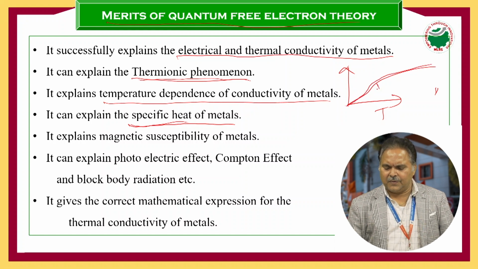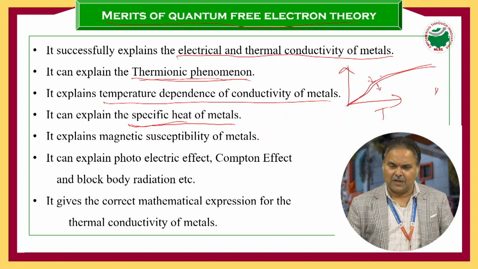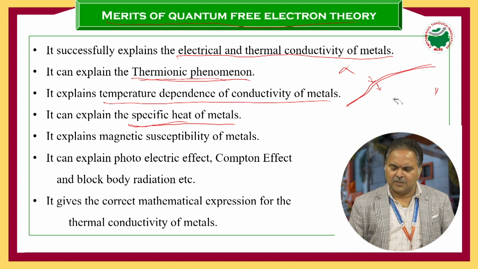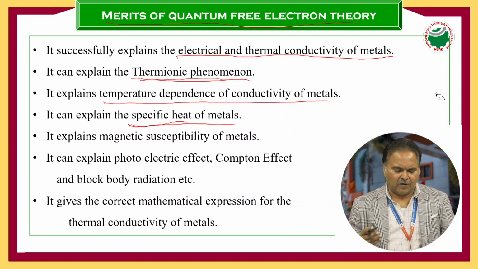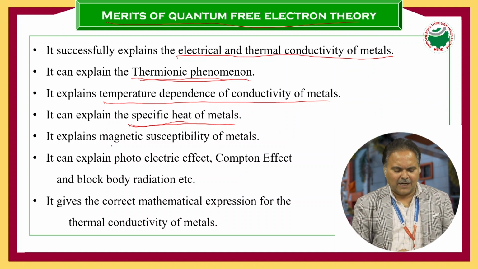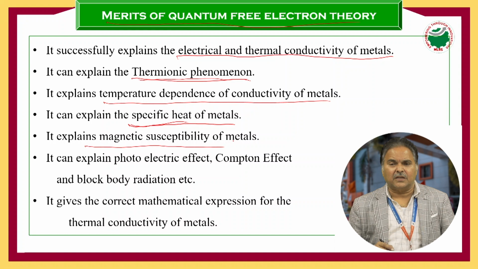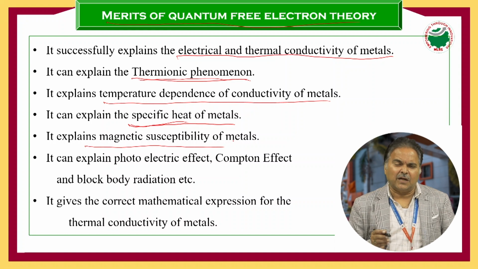This is the earlier theory, the classical free electron theory. This is the experimental one, and they explain it according to quantum free electron theory. So the specific heat is explained very well by quantum free electron theory. Similarly, the magnetic susceptibility, the magnetic properties of metals, we cannot explain according to classical free electron theory, but in quantum free electron theory we can.